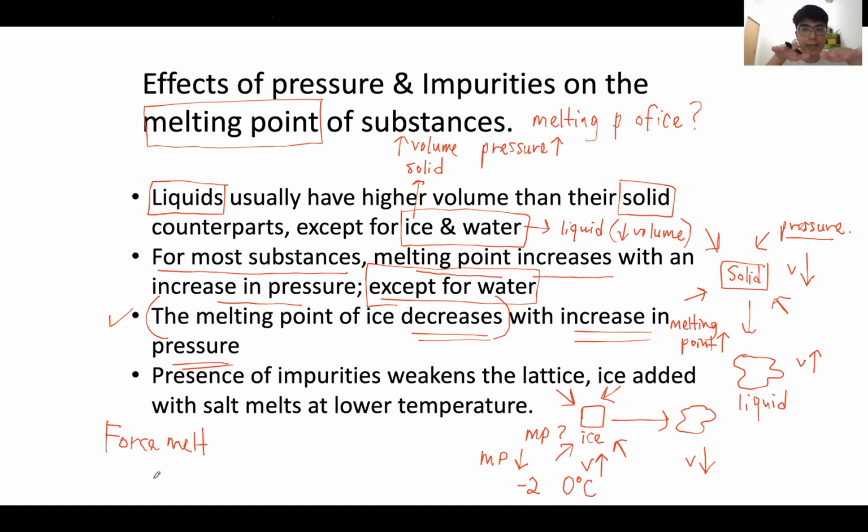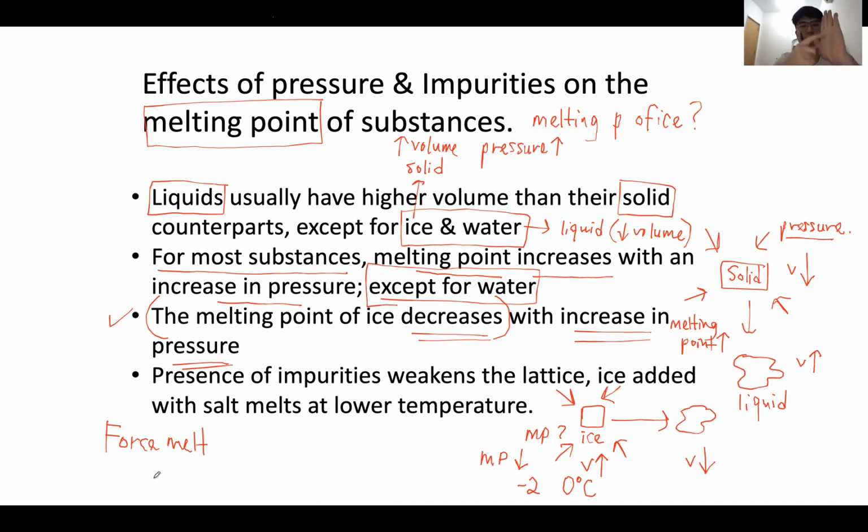The skating shoes actually have very sharp, pointed things underneath, so that when it stands on the snow, it exerts a very high pressure on the snow. So what this does is that it force melts the snow so that it becomes slippery. So the snow becomes like liquid, and that makes it easier to skate.